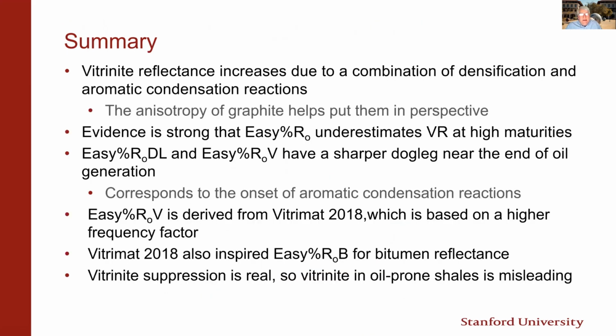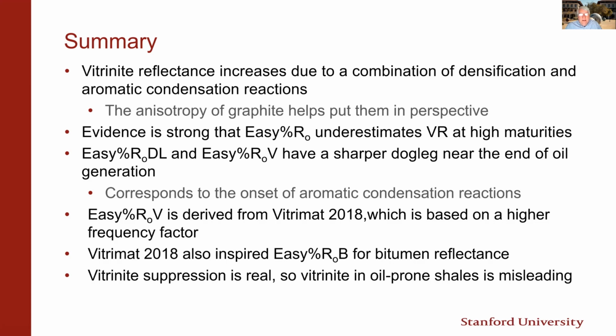So now I'd like to summarize what I've gone through here. Vitrinite reflectance increases due to a combination of densification of carbon atoms and aromatic condensation reactions that give long absorption lengths in this particle in a box type concept that essentially gives you high absorption coefficients parallel to the aromatic rings, but not perpendicular.